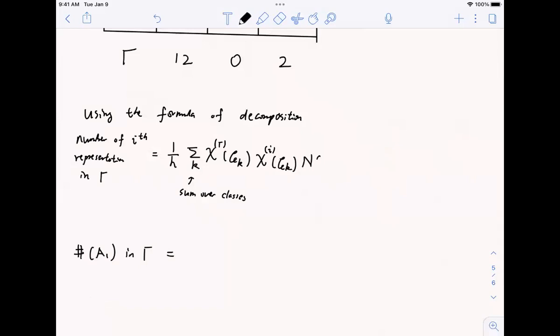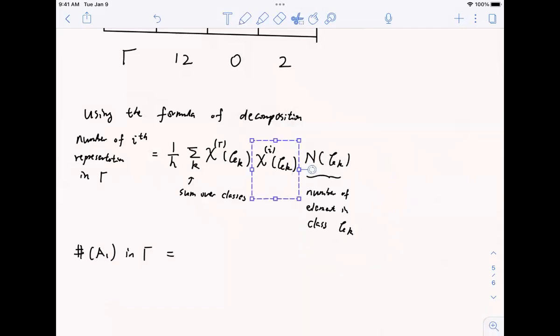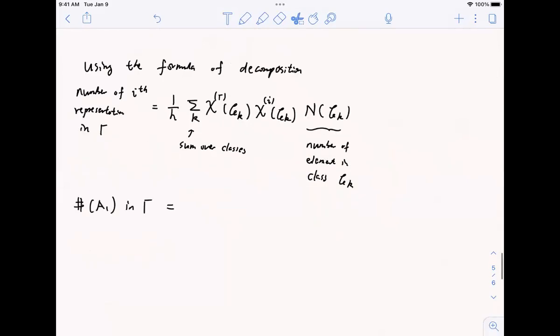And then here you multiply by the number of elements in class K. I hope you still remember this formula. We proved this a few lectures ago. So it's pretty simple, then we just do it.